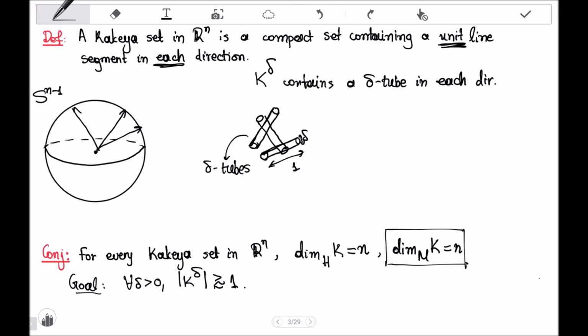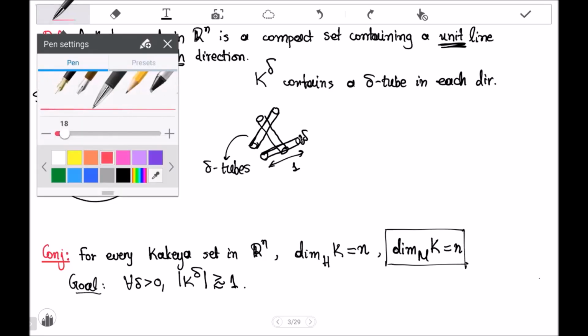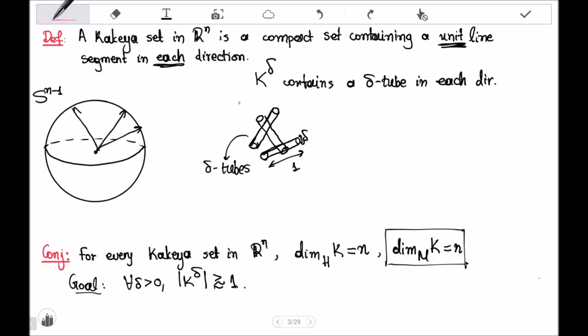Now, not all directions are going to help me here, because imagine this situation. I have this, and there could be in the Kakeya set, or its thickening, another delta cube that's extremely close to that, but in a different direction. So it could be pointing in a slightly different direction.